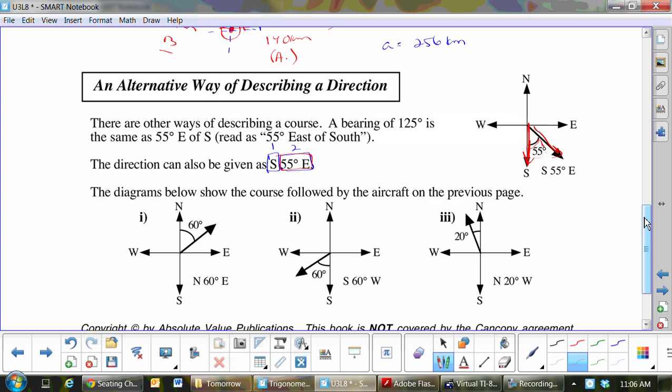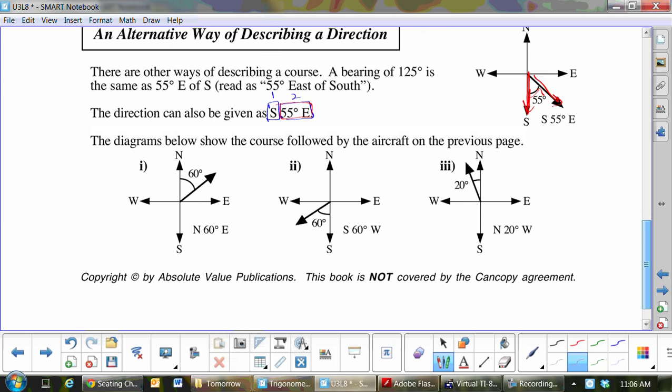Okay? So here's an example. North, so there's north, and then 60 east. So there's 60 east. The other one, south, and then go 60 west. Okay, so my arrow goes that way. So it's crucial that you don't screw up east and west. Okay, so I always write it down first, and then I do it.